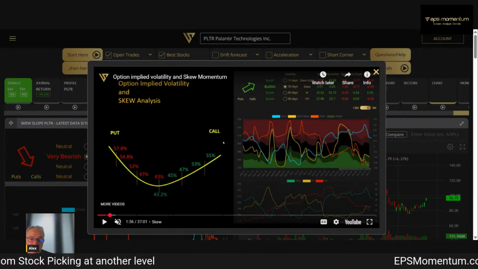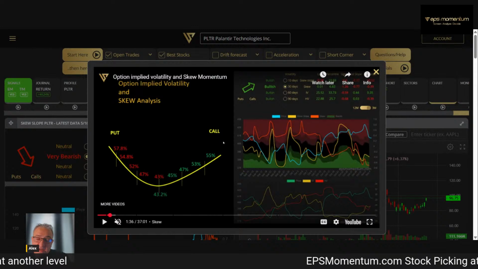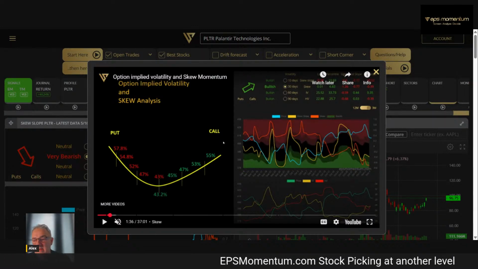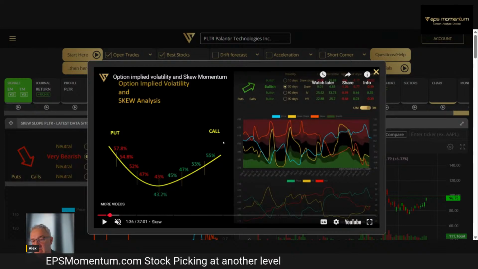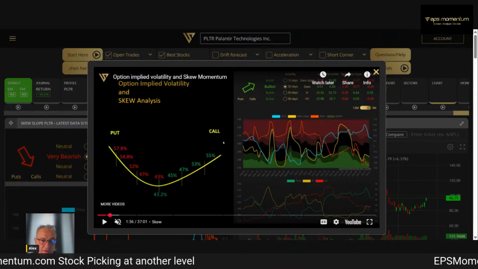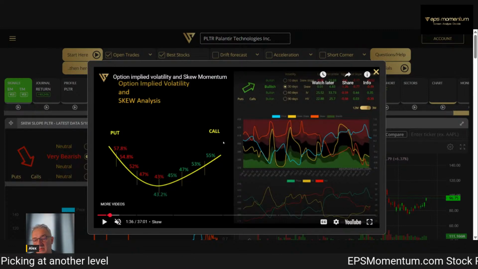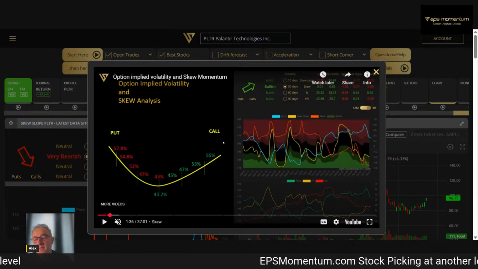What does that mean? Implied vol is a translation of supply and demand. So when there's very high demand, people bid for, let's say, puts. If they bid for puts, that means there's high implied vol.